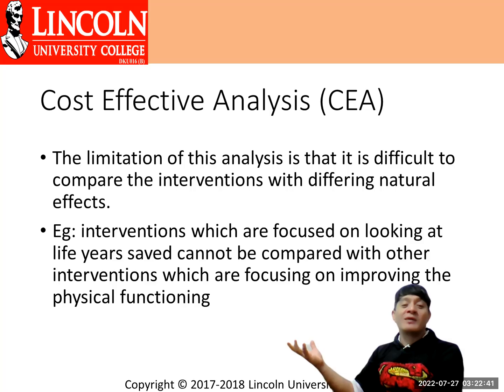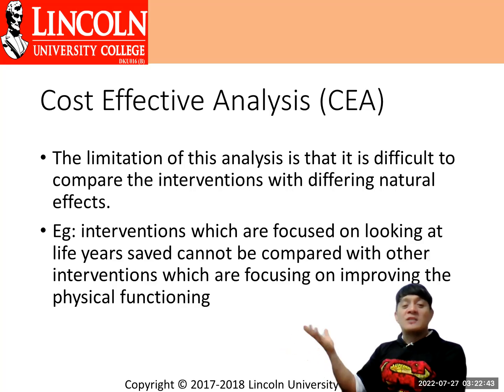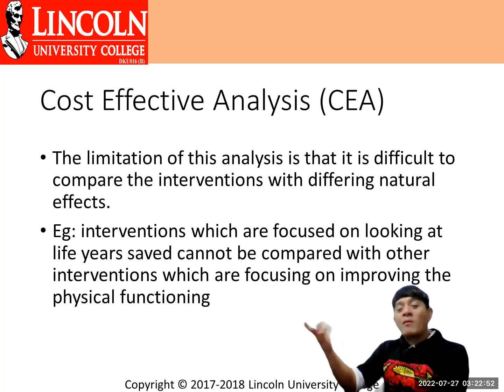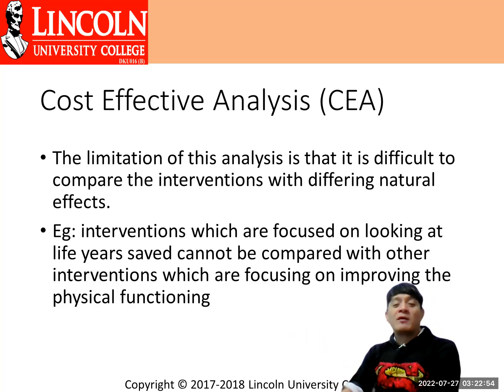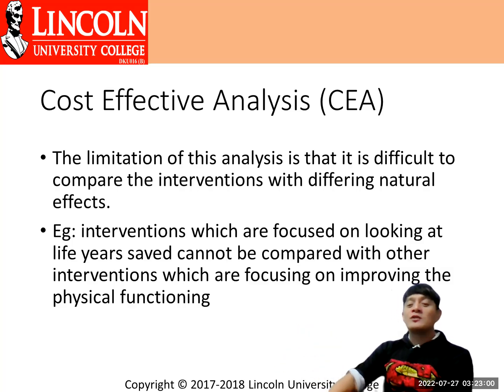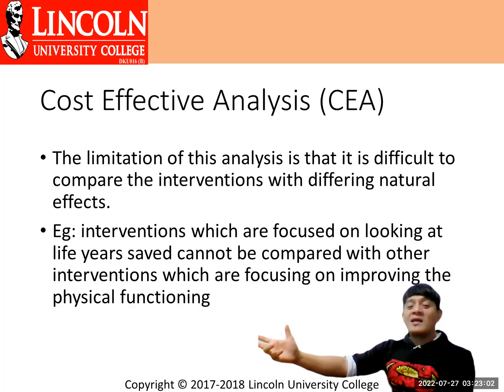Interventions which are focused on looking at life years saved cannot be compared with other interventions which are focusing on improving physical functioning. Like for example, when you're performing CPR, cardiopulmonary resuscitation, and you know that it's already vegetable after 5 minutes of golden minutes of resuscitation, you're brain dead.